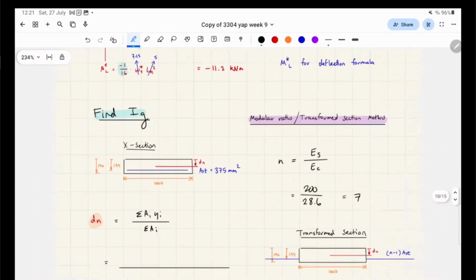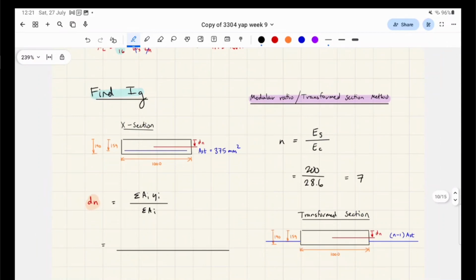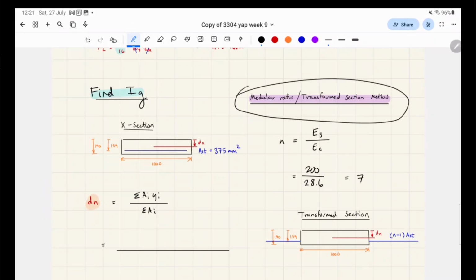Okay. But regardless, we have to find I_g, the uncracked moment of inertia, and from solid mechanics, we use the transformed section method. Just a reminder, that method is the same as the composite timber and steel beams from solid mechanics.